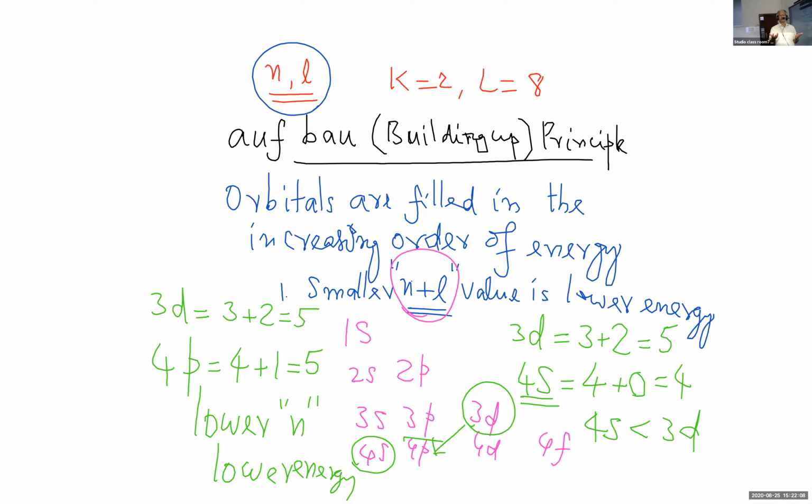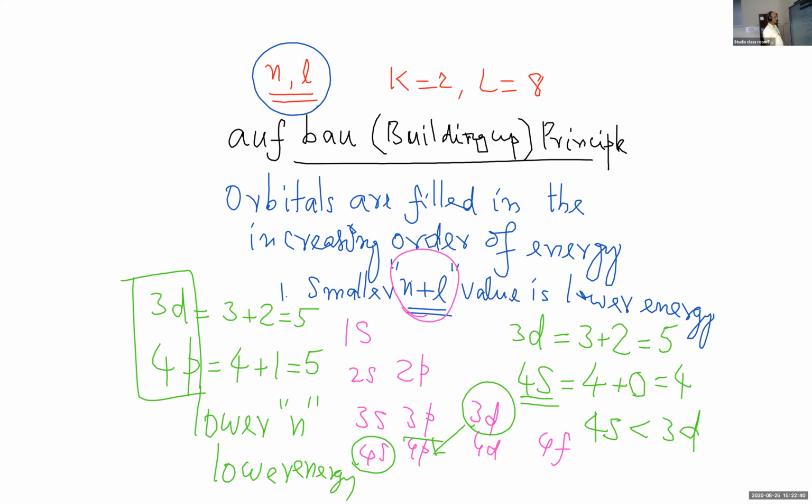You just think of two rules regarding N plus L. The rules are this: N plus L, lower value, that is having lower energy. Second rule, if the N plus L values are the same, then lower N value will be having lower energy. If it is so, you compare 3D and 4P, which is having lower energy?